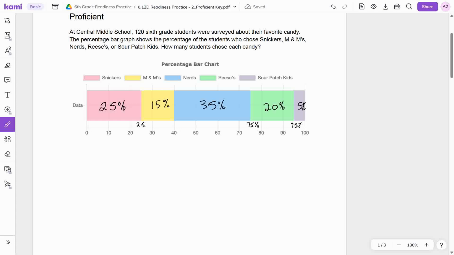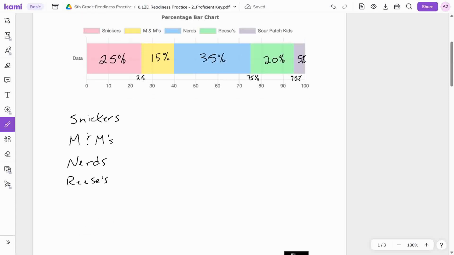Now, what we can do is turn this into a table. So Snickers, M&Ms, Nerds. We'll need some way to organize our work, so we might as well make a relative frequency table. And I'm going to put SPK for Sour Patch Kids.